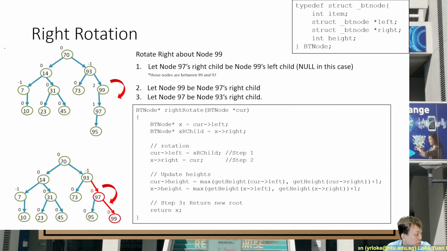After rotation, 99's left subtree should be originally 97's right subtree. That means if you have something here while you do the rotation, after rotation this particular subtree, the right subtree of 97, will become the left subtree of 99.